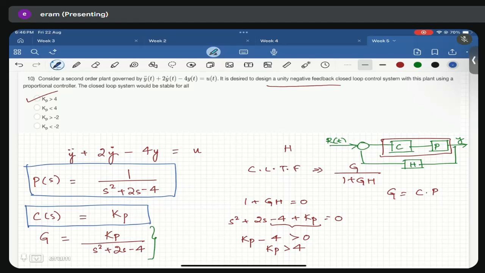Then in order to find G, we just multiplied C with P.